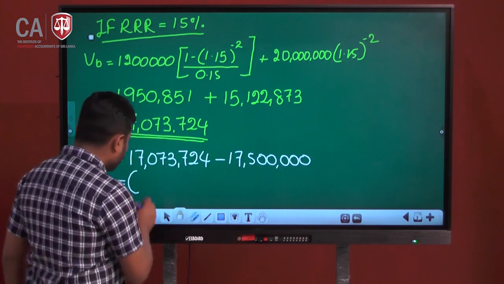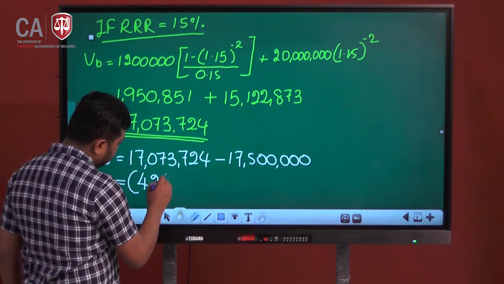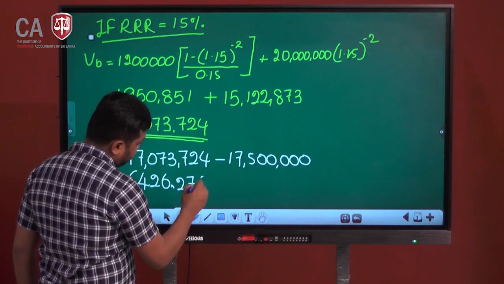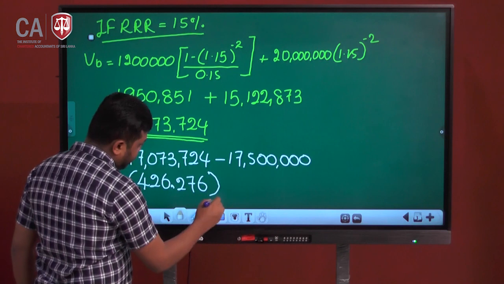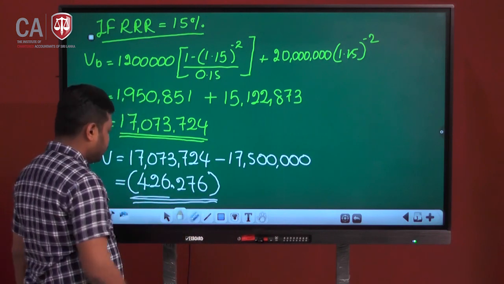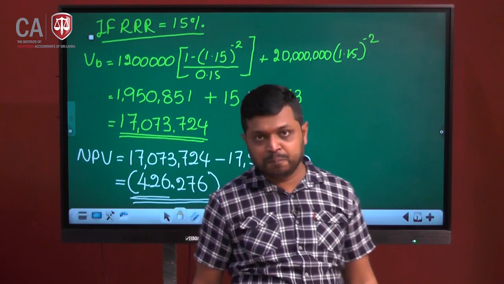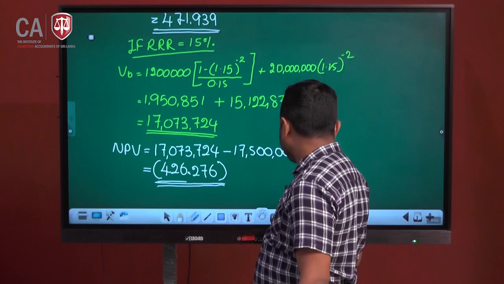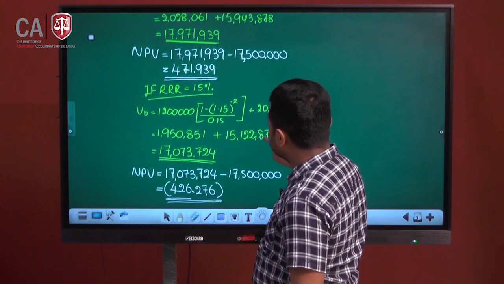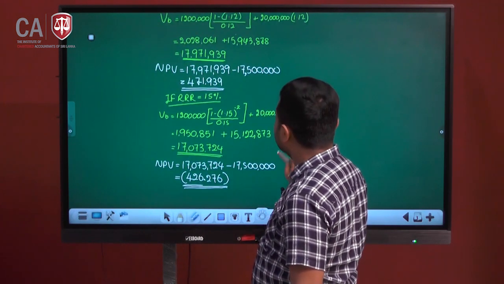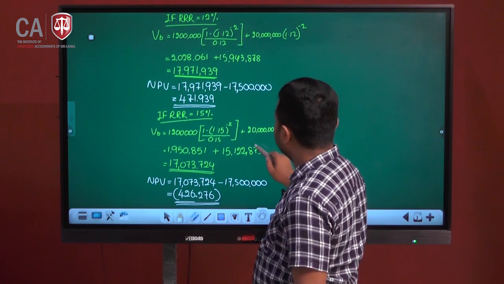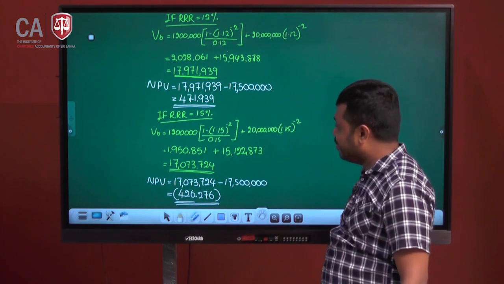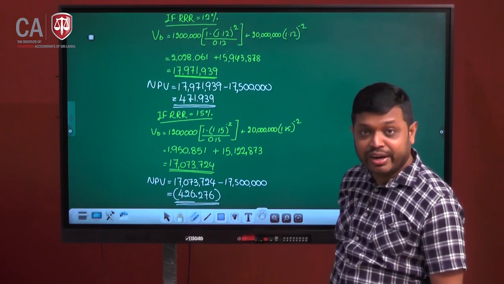It is minus 426,276. It is a negative NPV. Now you can see when the rate is 12%, NPV is 471,000. When the rate is 15%, NPV is negative 426,000.